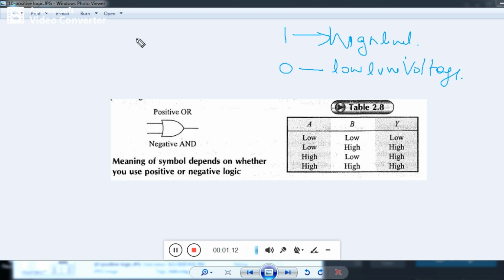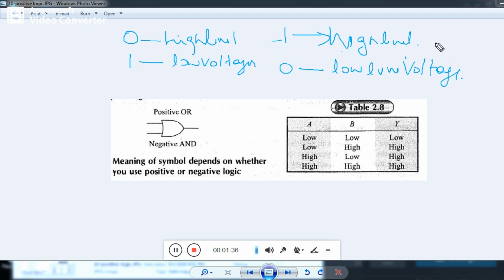In the other way, if 0 is used to represent high level voltage, and 1 is used to represent low level voltage in digital electronics, then it is called negative logic.